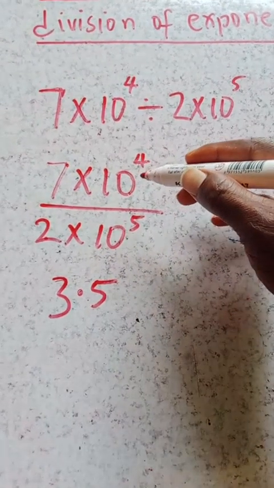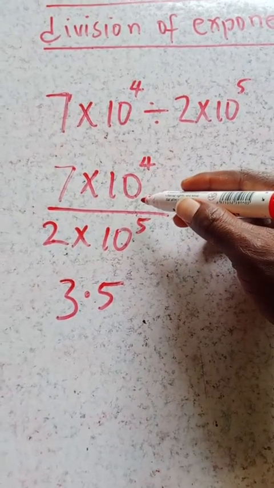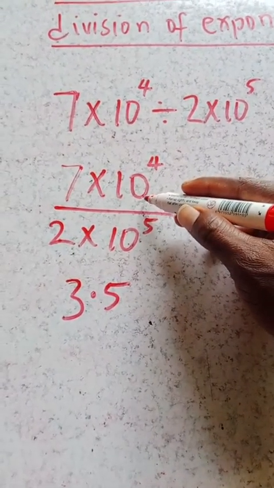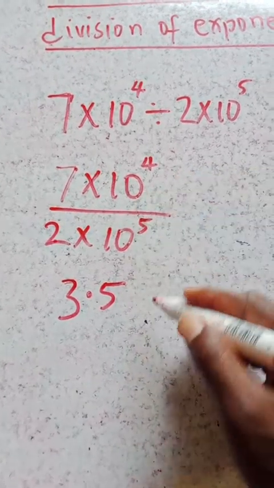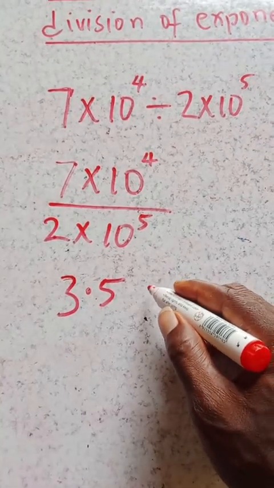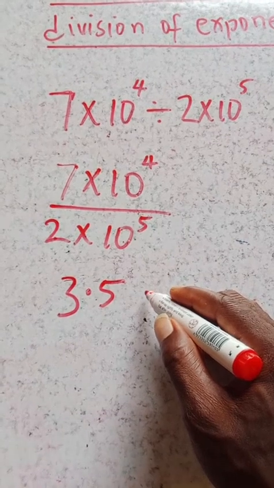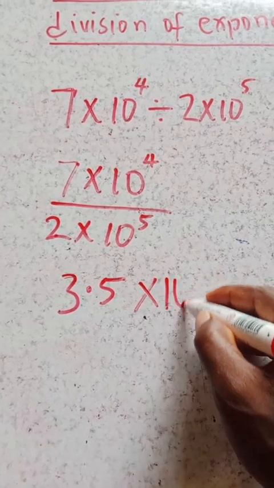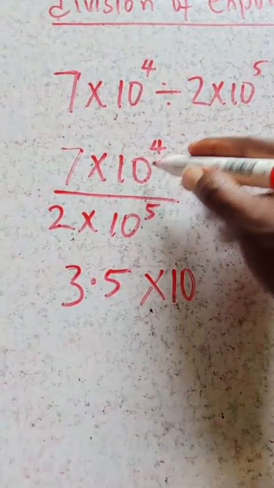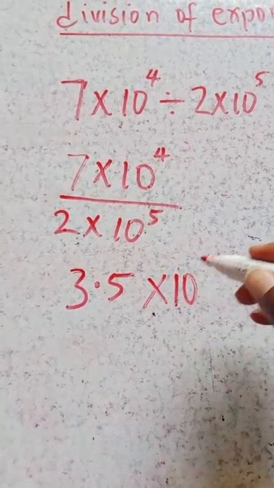there's a law taken from the laws of indices, and it says that when the bases are the same, we write down one of the bases and we subtract their powers. That is the law. So we write times 10, and then subtract their powers.